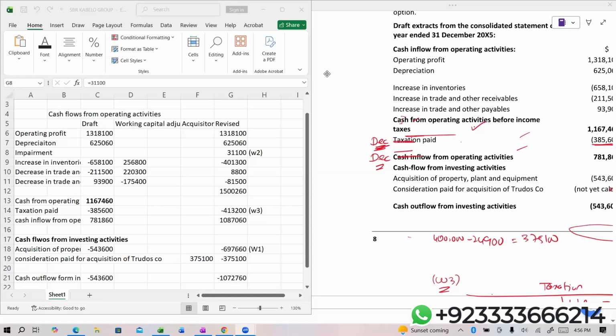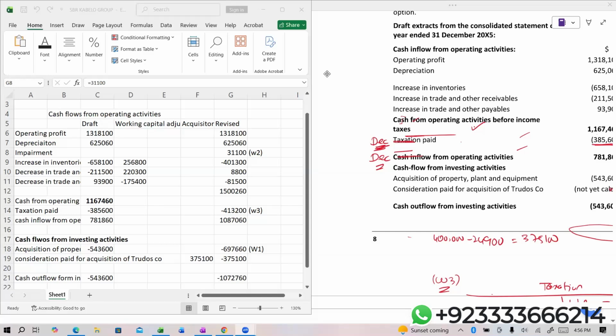So the explanation is: number one, acquisition of a subsidiary is an investing activity, not an operating activity. That is why, while dealing with working capital, we exclude the impact of acquisition of the subsidiary from the closing balances. After that, we take the difference between opening and closing balances. Then whatever you have done, you explain that.